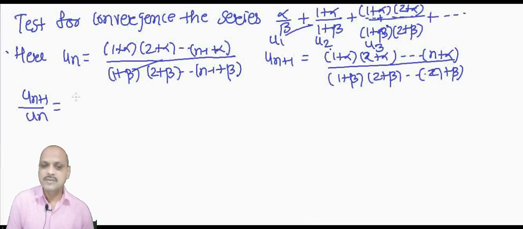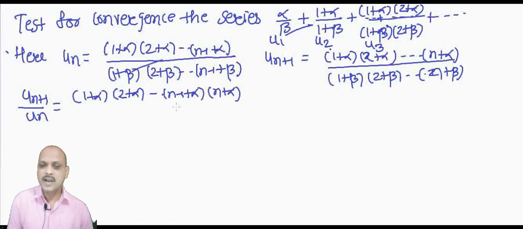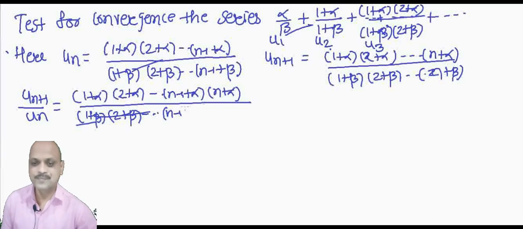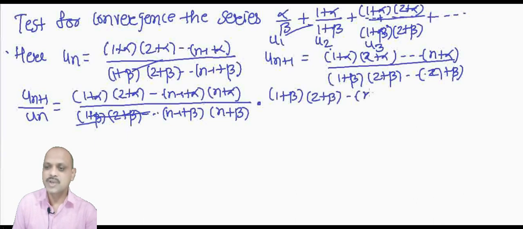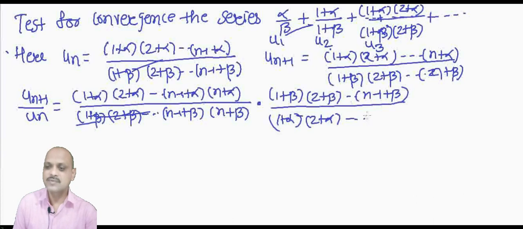So the un plus 1 term is 1 plus alpha, 2 plus alpha up to n minus 1 plus alpha, n plus alpha, divided by similarly 1 plus beta, 2 plus beta, n minus 1 plus beta into n plus beta, into now the reciprocal of un, 1 plus beta, 2 plus beta up to n minus 1 plus beta divided by 1 plus alpha, 2 plus alpha up to n minus 1 plus alpha.